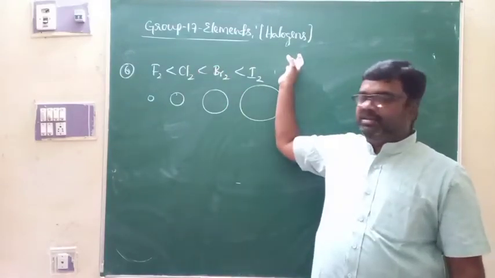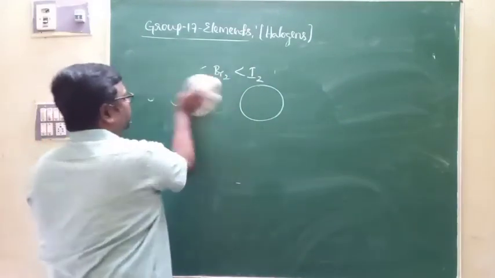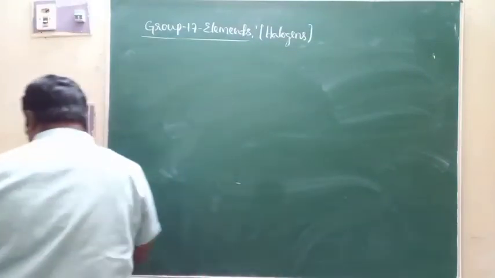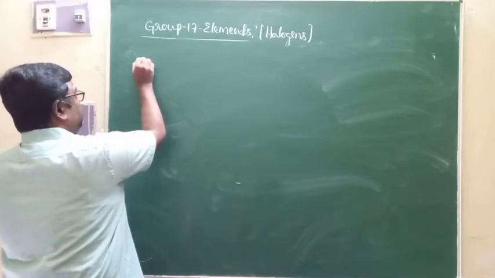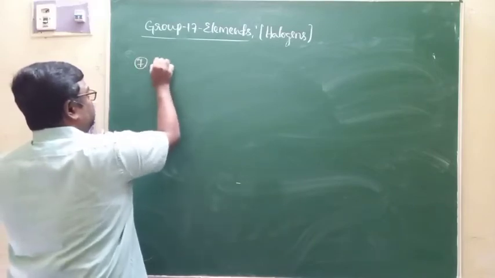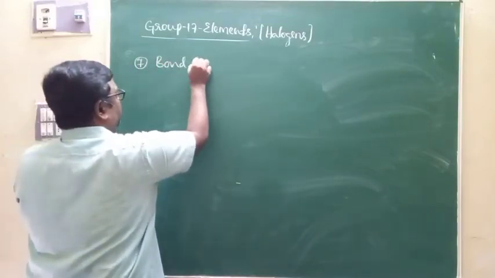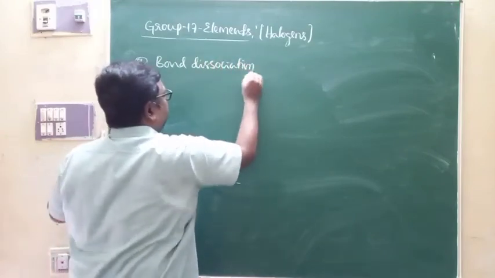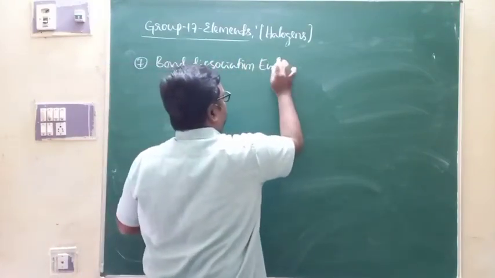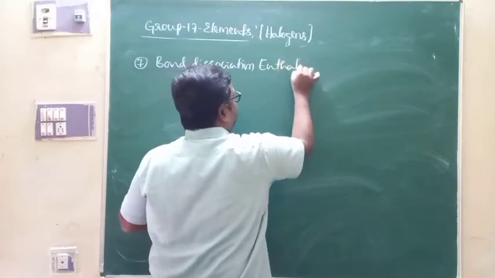melting and boiling points will increase. Apart from that, you are supposed to study one important aspect, bond dissociation enthalpy, that is property number 7. This is very, very important as far as group 17 elements are concerned.